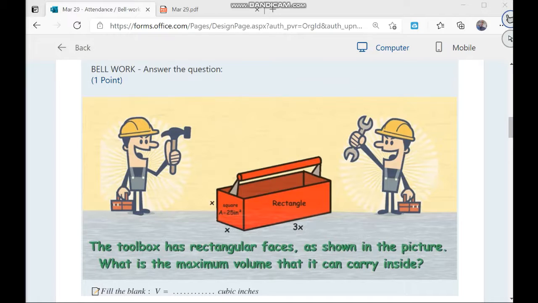Check the bell work. Today you have to find the maximum volume that this toolbox can carry inside, and you're gonna need two little things. One is the formula. The volume equals the width times the height times the length of the box, right? Very simple formula.